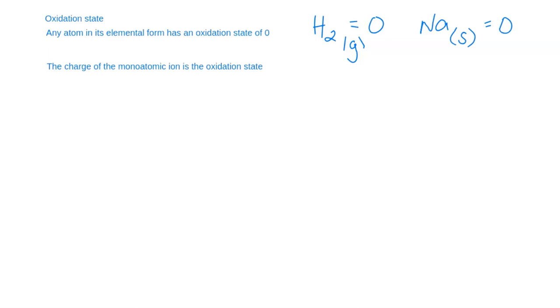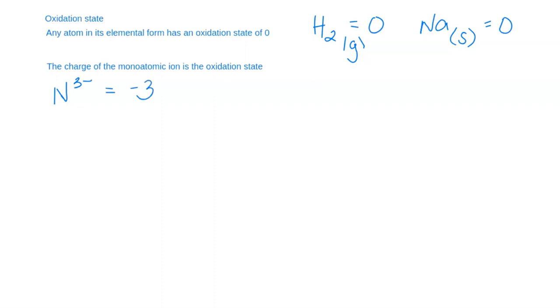So make sure that you are paying attention to if something is positive or negative, not just what its value is. If we were to look at, for instance, the nitride ion, nitride is N3-. So its charge is 3 negative, which means that its oxidation state is -3.